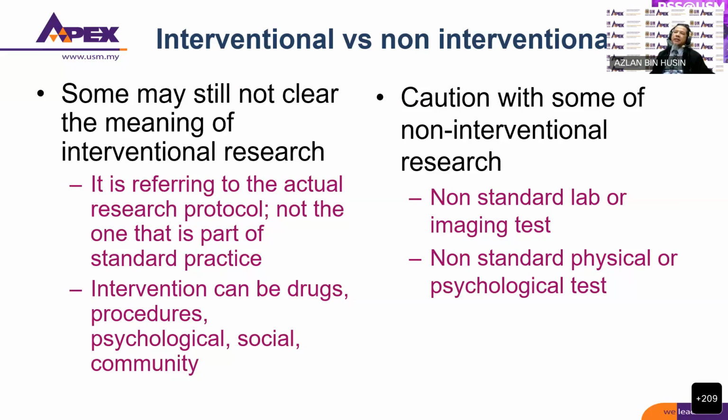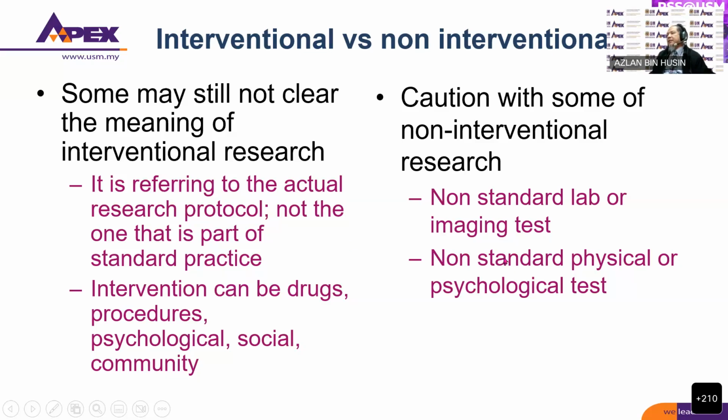Interventional can be giving drugs, doing surgery, or withholding drugs, or not doing surgery, or even psychological treatment, psychological advice, or social intervention, for example. It can also be a community intervention. So that is what is regarded as interventional research, right? The rest, if it has nothing to do with this, is non-interventional or observational.